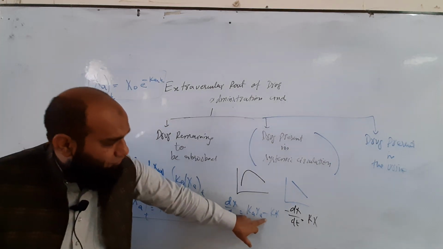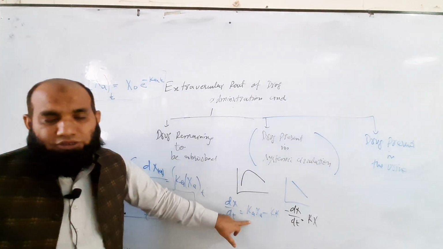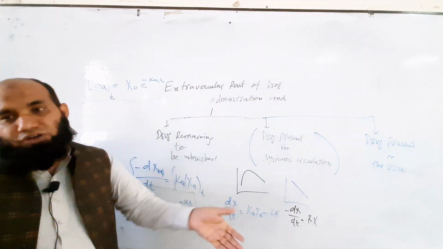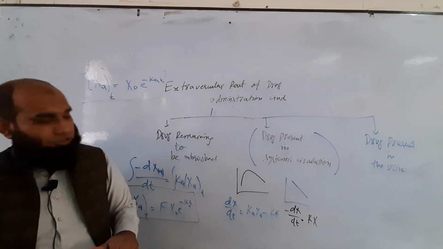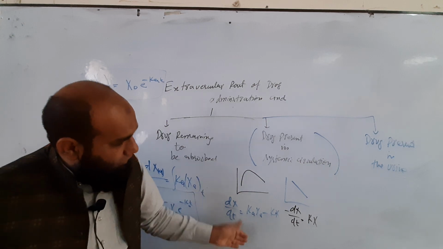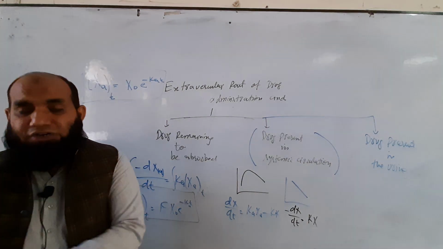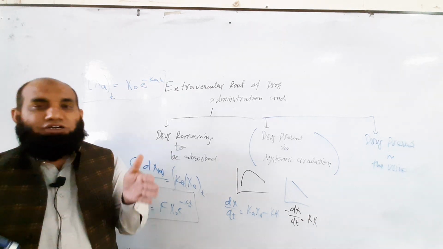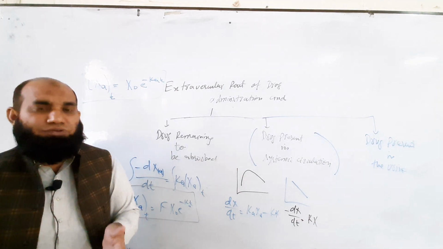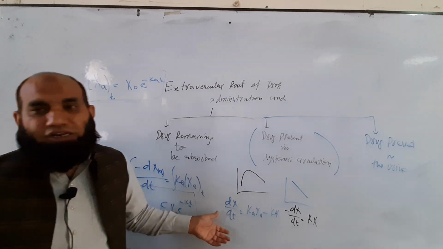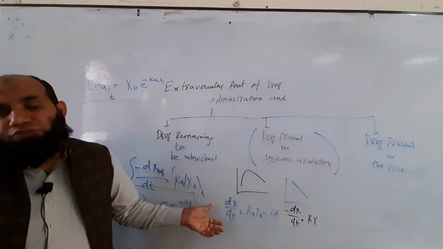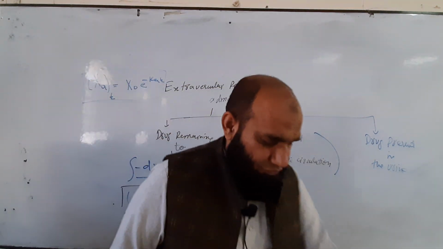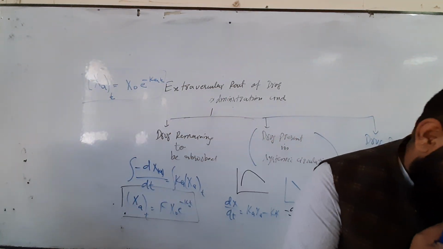But in this case, we have to assume that there is a difference: the presence of absorption, the rate at which the drug is coming towards the systemic circulation, and the rate at which the drug is getting excreted from the systemic circulation. Getting the difference of these, we can calculate the rate of change of amount in the systemic circulation.